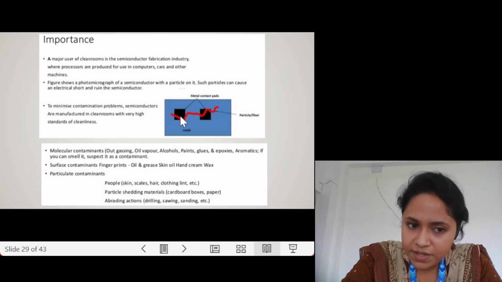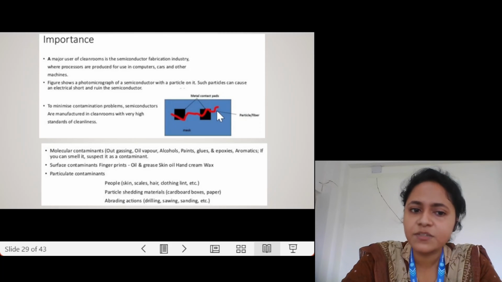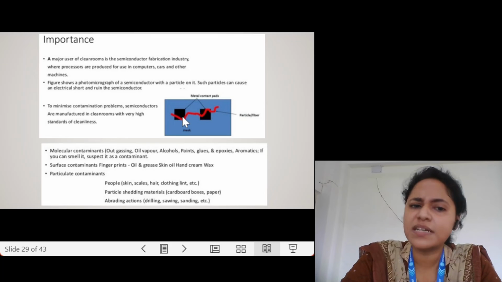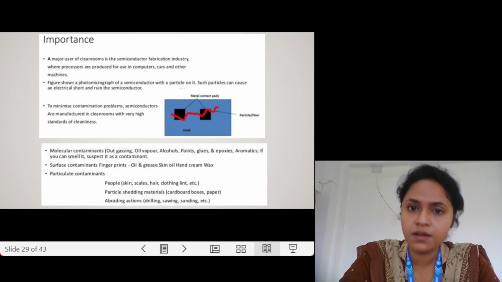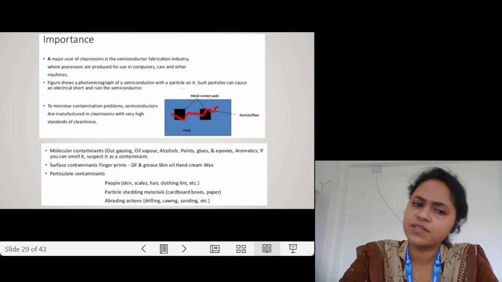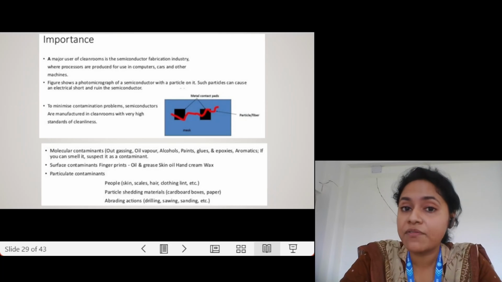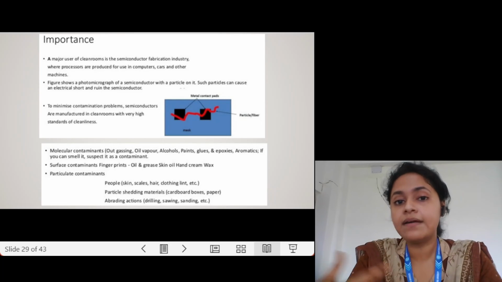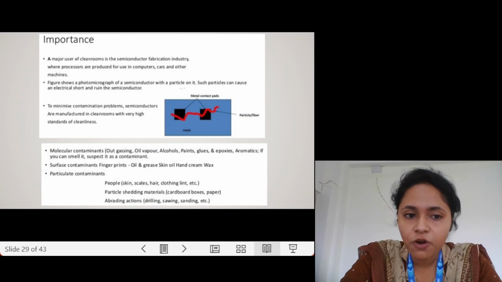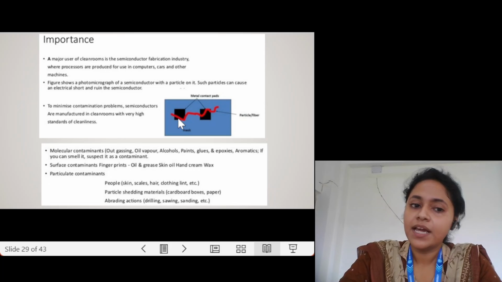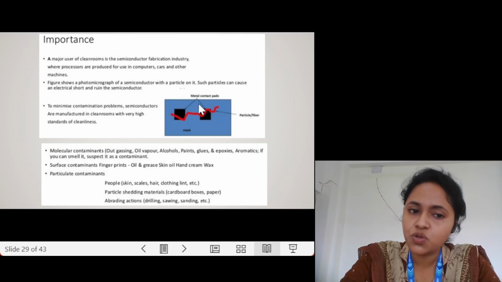Let's say this red thing you are seeing is a particle, which may be a dust particle, or maybe some strands of human hair, or some fabric strands, or anything else with a dimension more than a nanometer, meaning in the micro dimension. If it falls in between like this, what do you actually get? You wanted these two metal pads separated from each other, but you are getting a short in between.